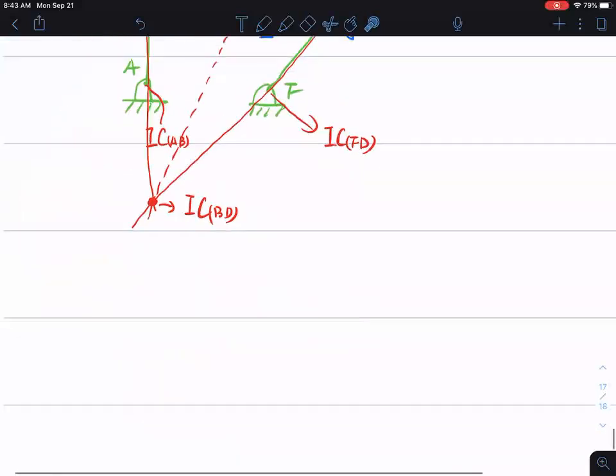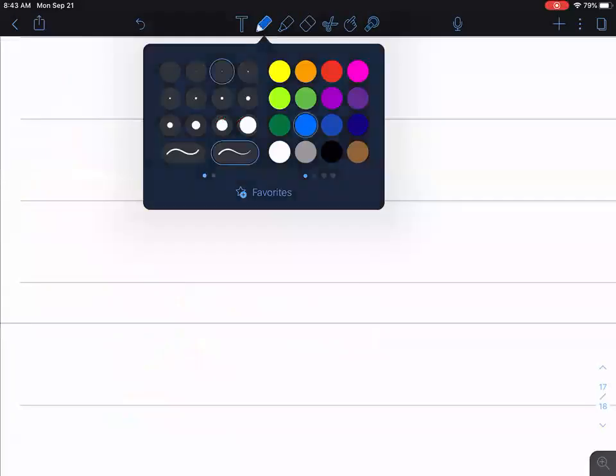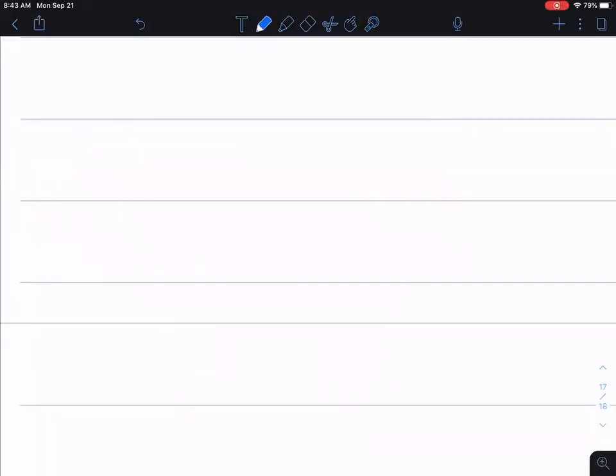Okay, now it's practice time. One more practice for you. Now we have another system. We have one link here, A and B. And A and B is connected with another link.